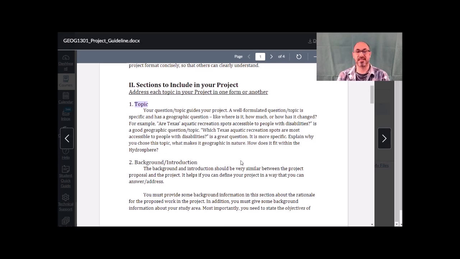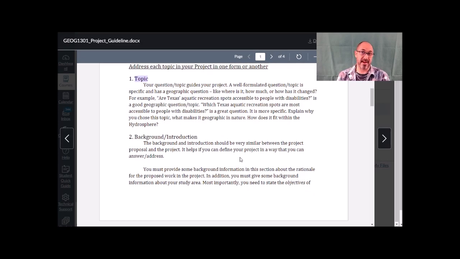Okay? Your next section that I'm going to be able to identify in this project of yours is the background or the introduction section. Basically, it's very similar to your project proposal, but it's going to expand it out. Here is where you include the other spheres, right? You can't have water without land nearby, without air around it somehow, without some sort of biological activity, even in the Edwards Aquifer, right?